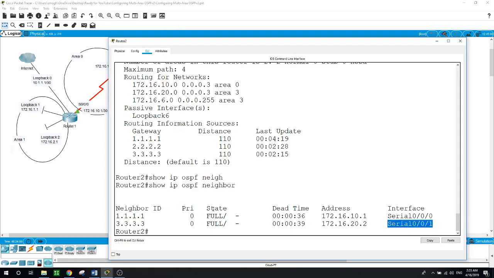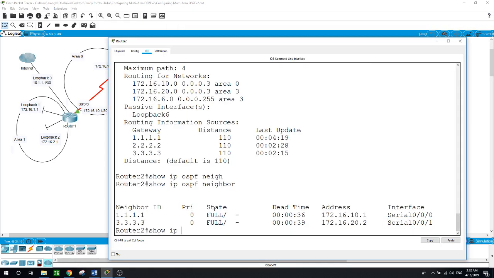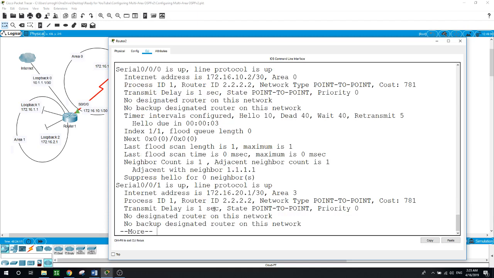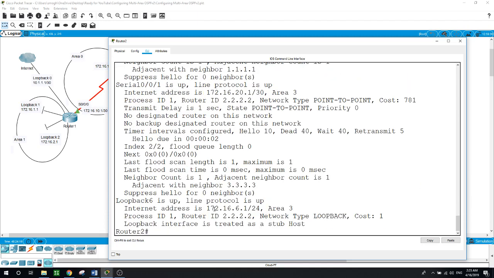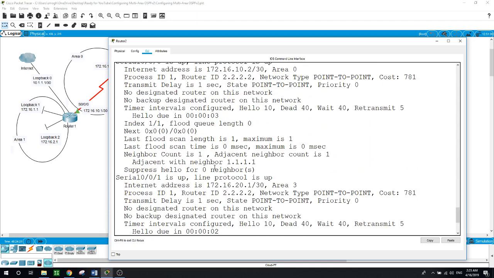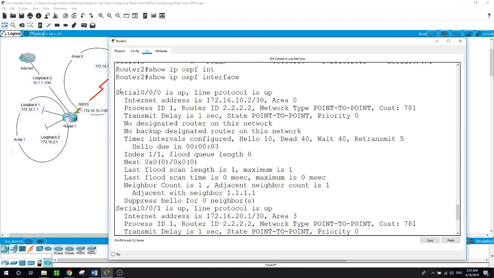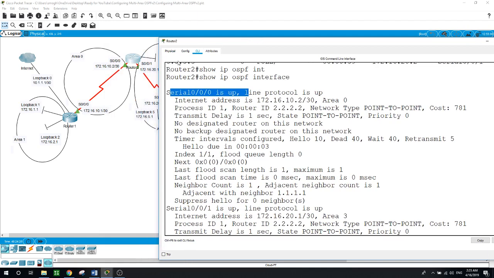The same with router 2, show IP OSPF interface. It's showing us that serial 0/0 is up. This is on router 2, which is this interface.